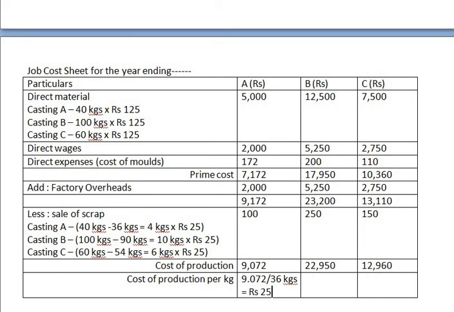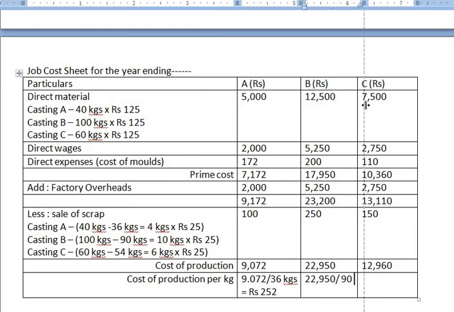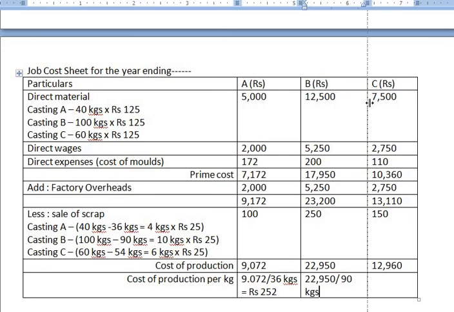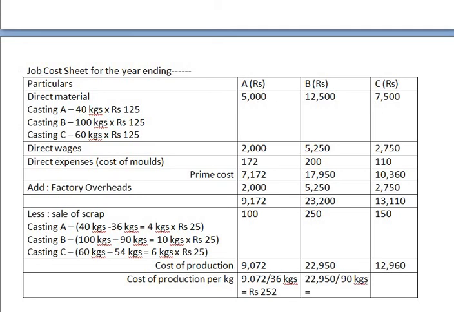Same thing for casting B: 22,950 divided by, how much they have told, 90 kgs, that equals rupees 255.